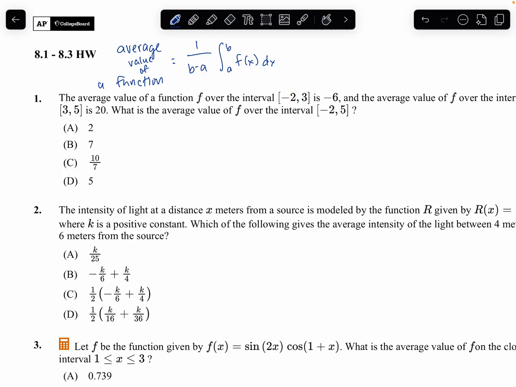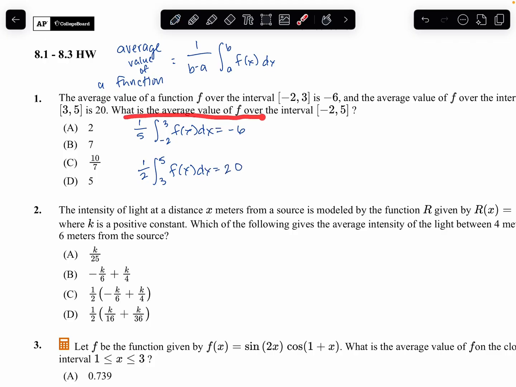So 1/5 of the integral from negative 2 to 3 of f of x dx is equal to negative 6. Then we have the integral from 3 to 5, and 5 minus 3 is 2, so 1 over 2 of the integral of f of x dx is equal to 20.